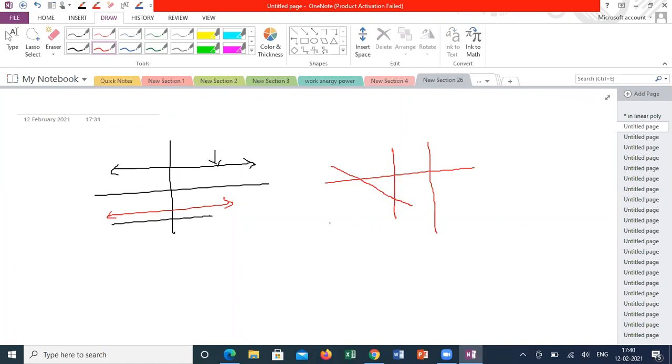Is it possible for a straight line to cut another straight line at two points? No, sir. So based on this, a linear polynomial will have only how many solutions? Only one solution.